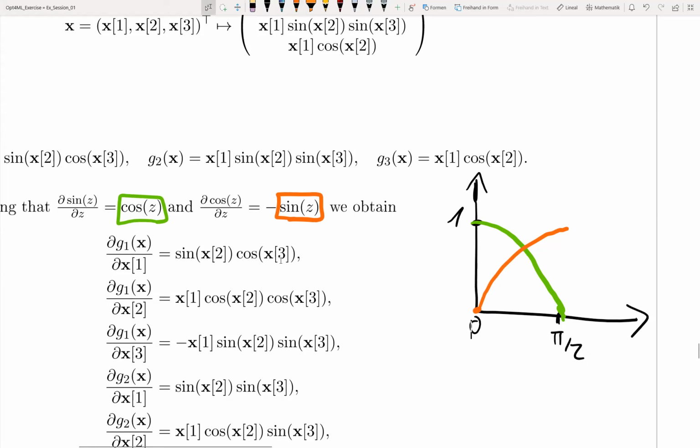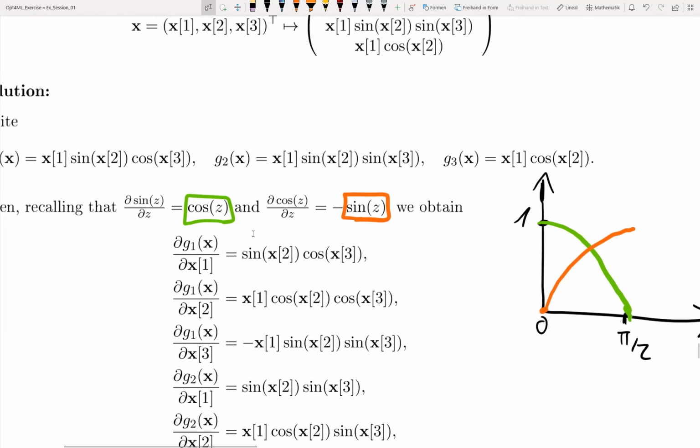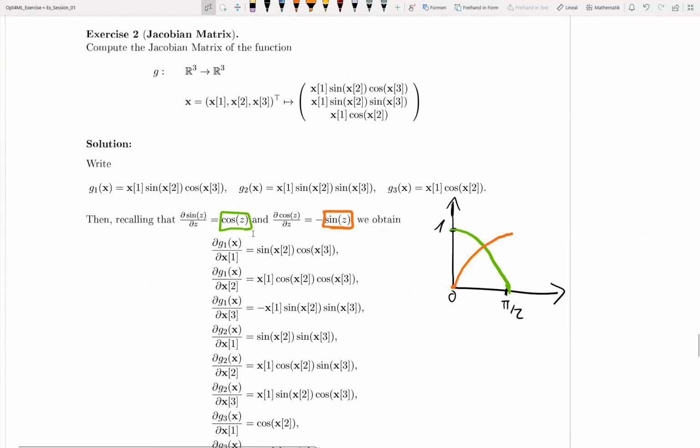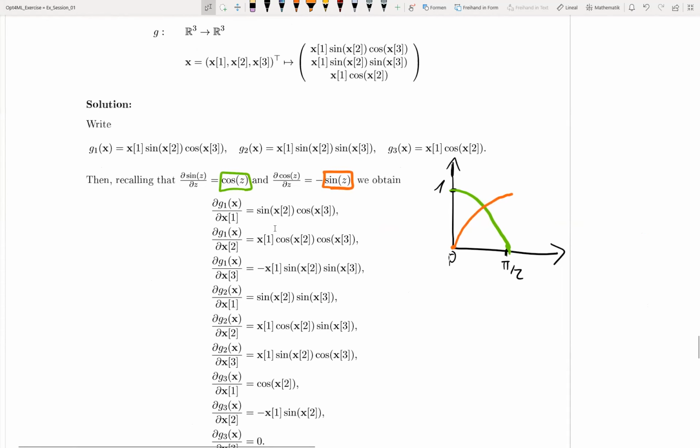If you ever forget the relationship between the derivatives, this is how you can always recall it.